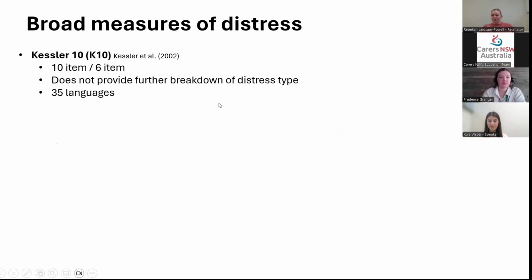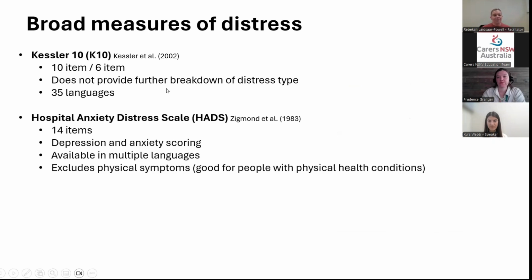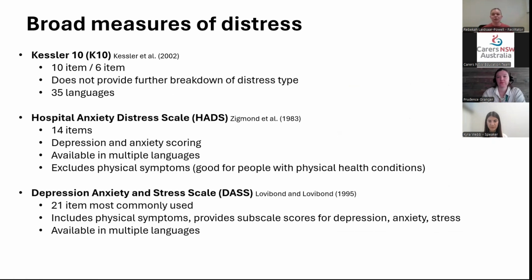Then I've got what I've grouped together as the broad measures of distress. So you've probably heard of the K10, there's the HADS, and there's the DAS. These are all broad measures in that they're covering multiple specific concepts of distress in the one measure.